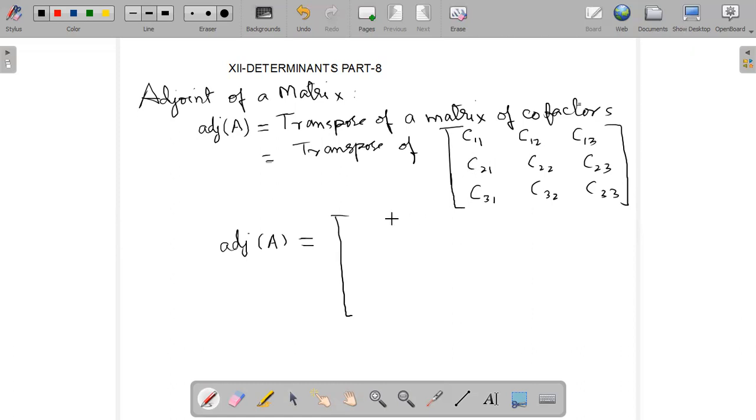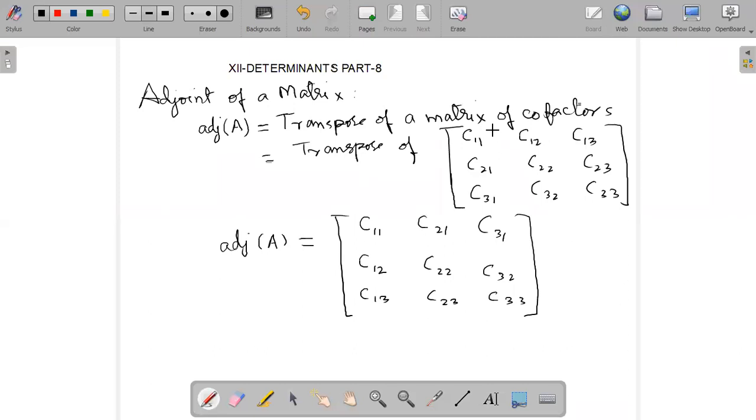So the transpose has rows C11, C21, C31, then C12, C22, C32, then C13, C23, C33.